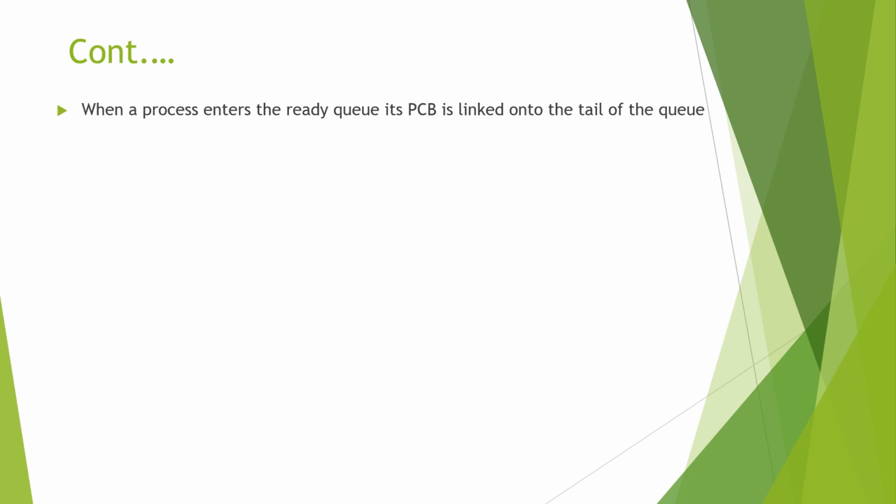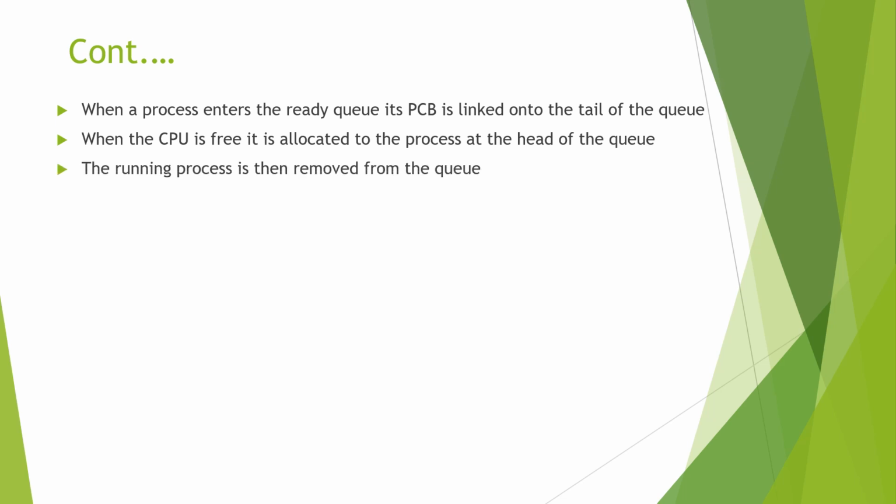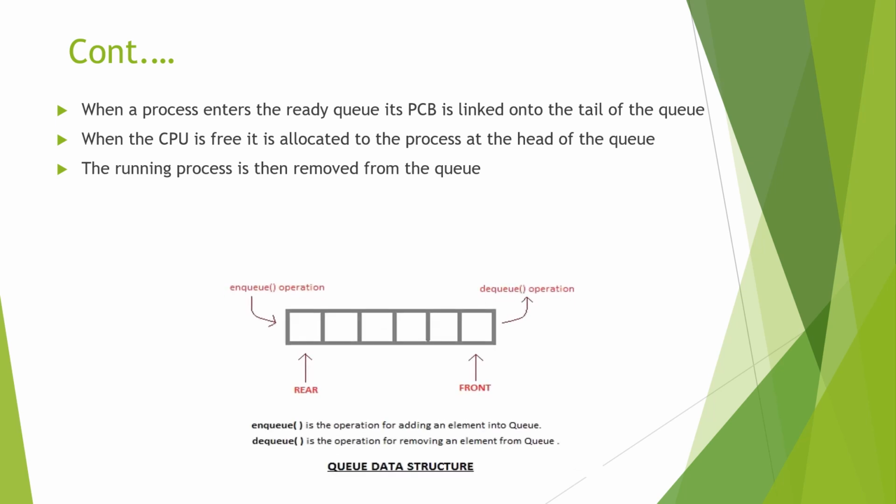When a process enters the ready queue, its PCB, or process control block, is linked onto the tail of the queue. When the CPU is free, it is allocated to the process at the head of the queue. The running process is then removed from the queue. The diagram illustrates what usually happens to the queue.